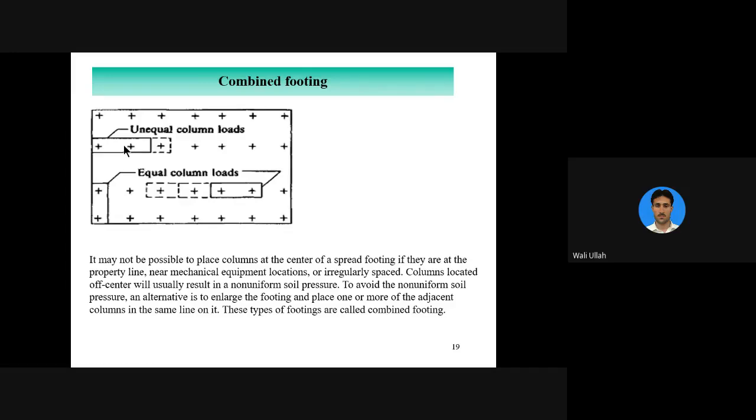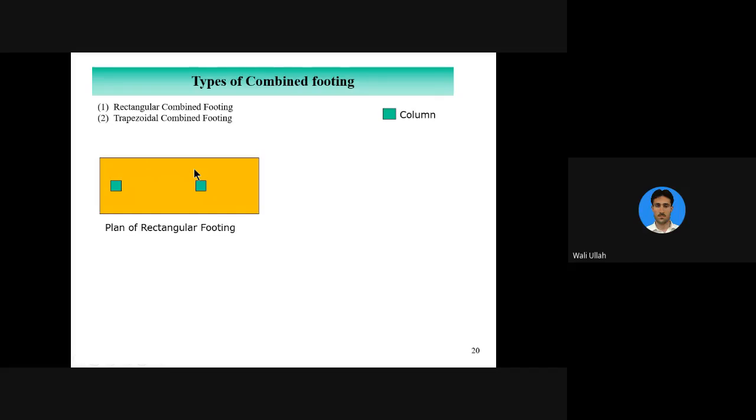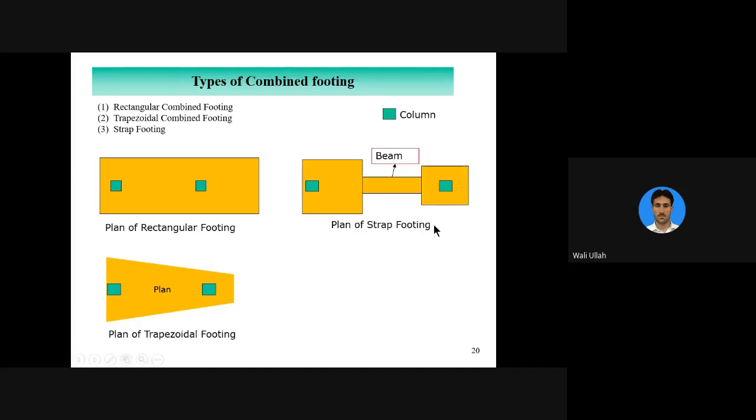Now combined footing can be a rectangular combined footing like this. This is a plan view. This column number 1 and this column number 2 are both combined with a single foundation. It could be a trapezoidal footing, column 1 and column 2 in the form of a trapezoid, or it could be a strap foundation like this.